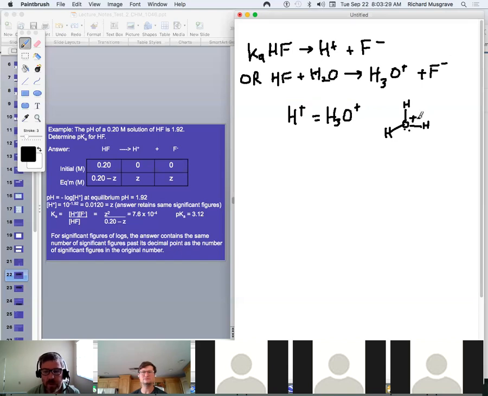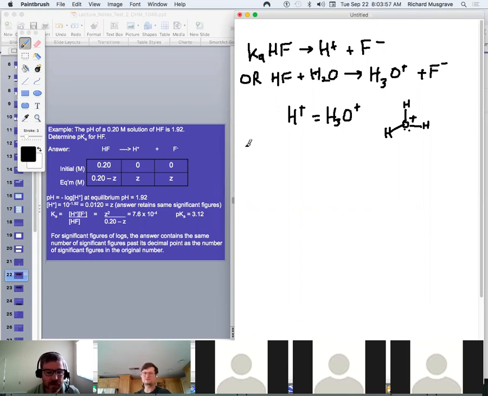This is the Lewis structure for H3O plus, but really all it is, is water with an H plus connected to it, because in reality, that's what H3O plus is. Now, when we're dealing with HF going to H plus and F minus, the assumption is that it's in water anyway, and we're just ignoring the water because we can do that.